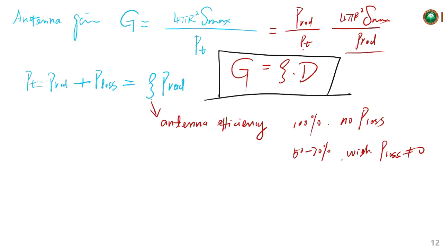Sometimes people want to calculate the antenna gain by the beam width or by the directivity. Actually, we need to know that the directivity is not equal to the antenna gain. It should be multiplied by the antenna efficiency. If it is 50%, that means a 3 dB reduction with respect to the directivity of the antenna. This is the expression for the antenna characterization.